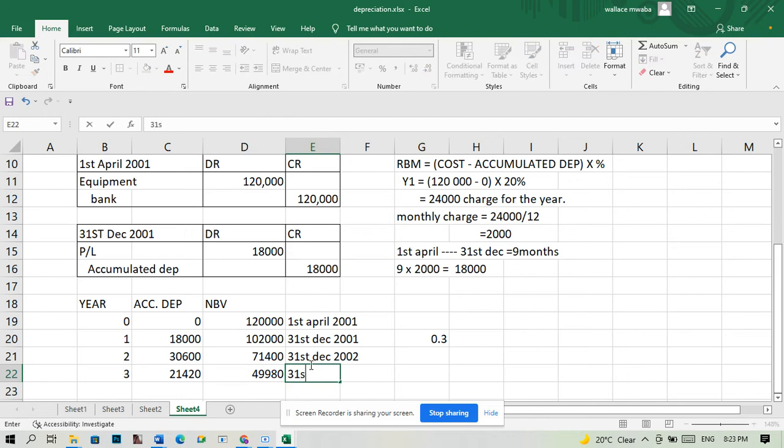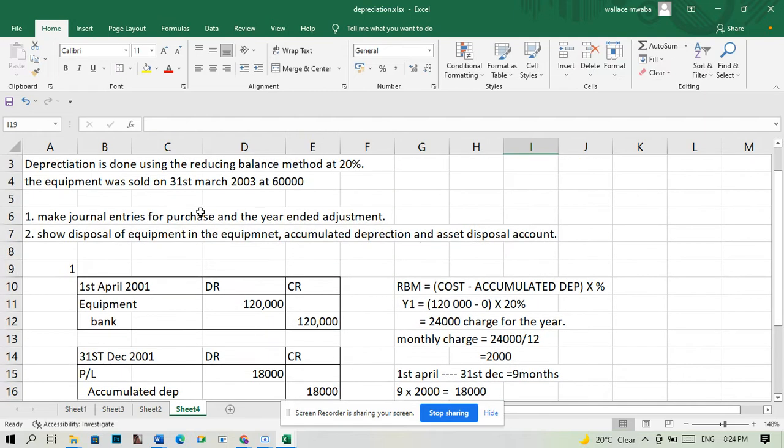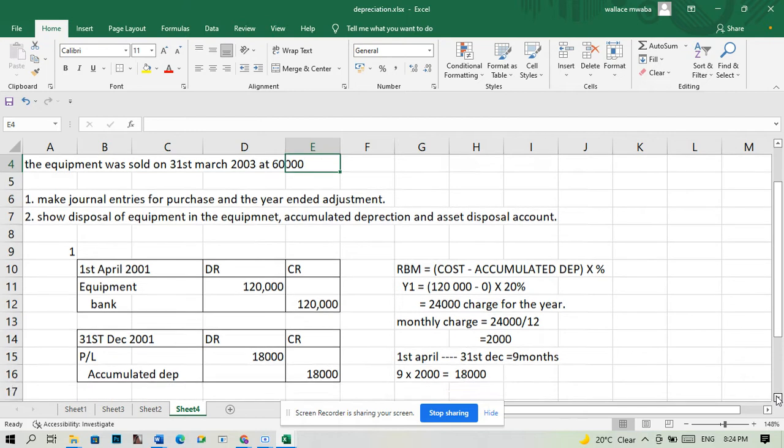So now we said the equipment was sold on 31st March 2003 at 60,000, all right?